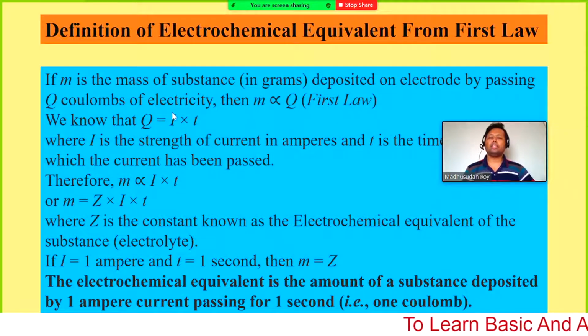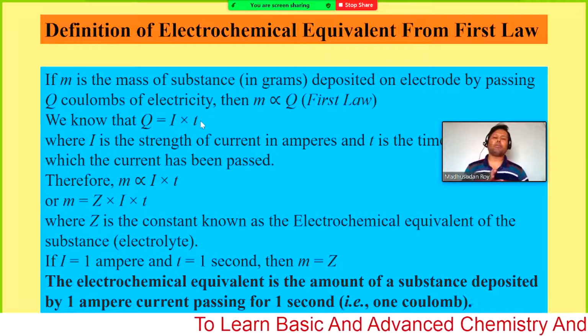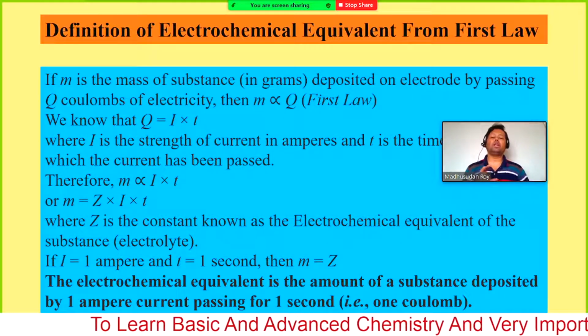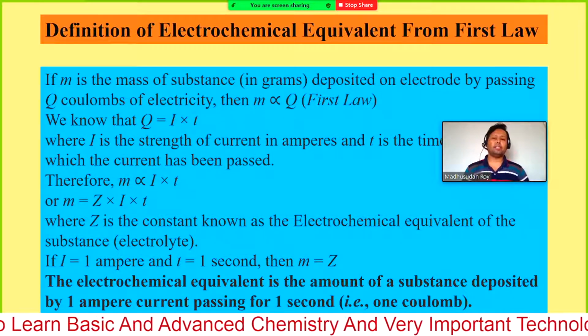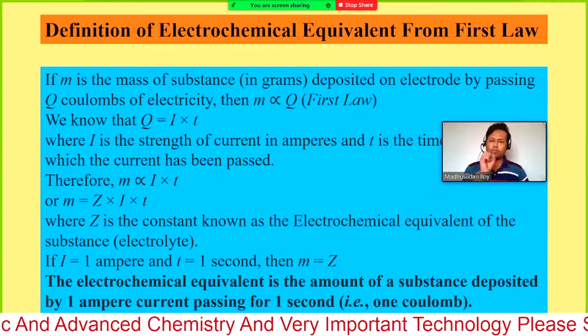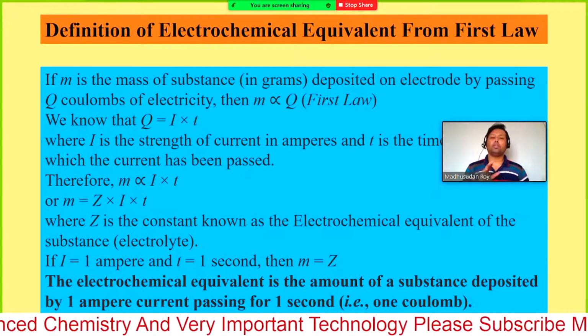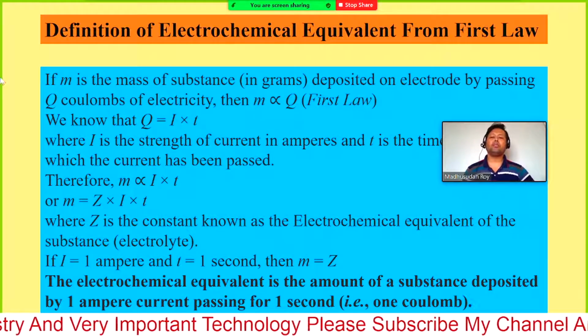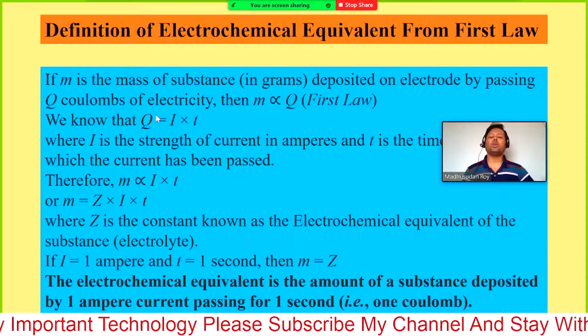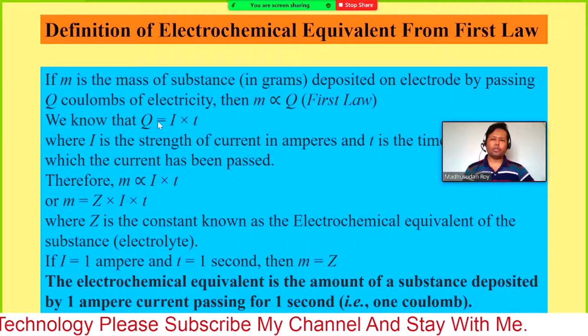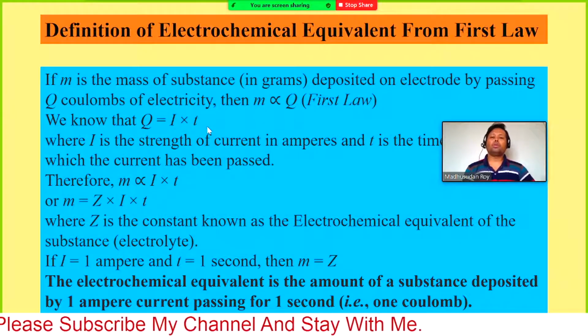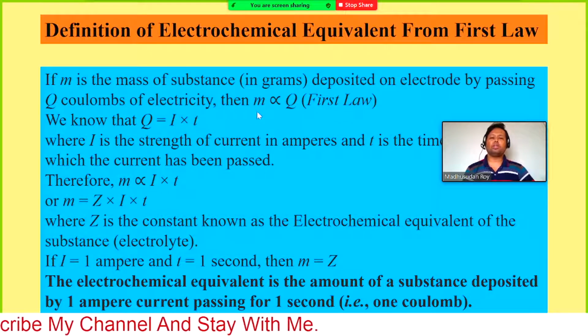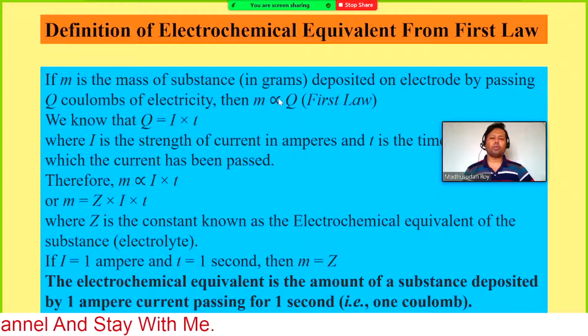So that is the current I multiplied by t. If you supply for a long time, you can have more electricity, and if you pass for a very short time, you can have very little electricity. That means the total charge will be very small. So q equals I into t. So we can write m proportional to q, that means m proportional to I t.